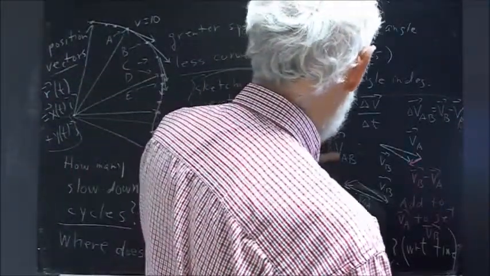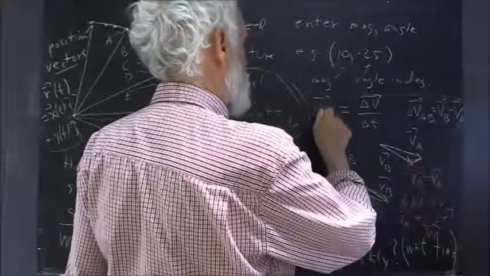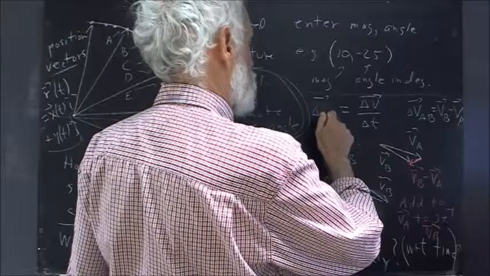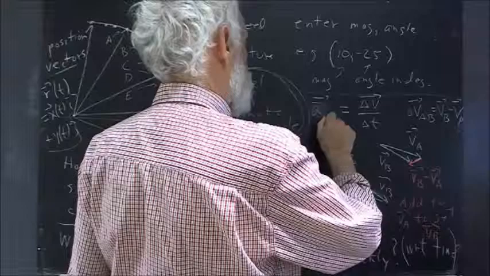I think I actually just put this symbol wrong because what I was getting at was the change in velocity. And actually what we're calculating here is the average acceleration. A little bit of an embarrassing mistake there.